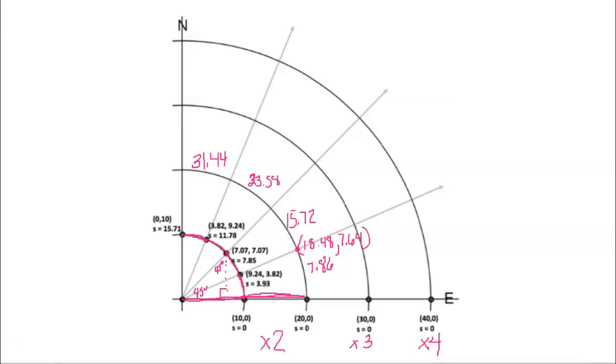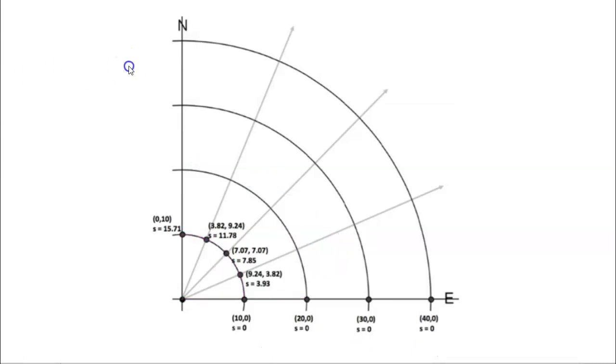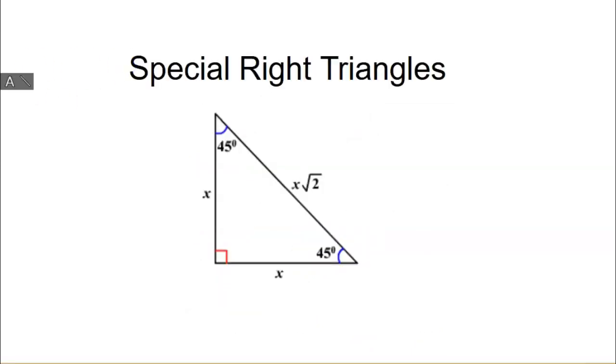So let's take a look at the 45, 45, 90 degree special right triangle. If you recall that if we know one of the legs of the 45, 45, 90 triangle, the other leg has to be equal. It is isosceles. So that is very helpful because we know two of the sides are exactly equal.